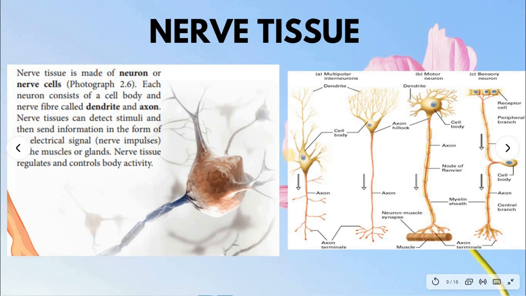You just have to know that nerve tissue sends information in the form of nerve impulses to the brain or from the brain to the effector. So that is the nerve tissue.